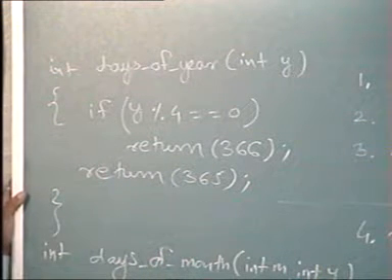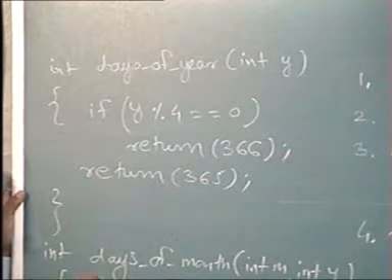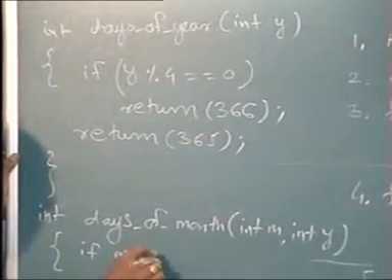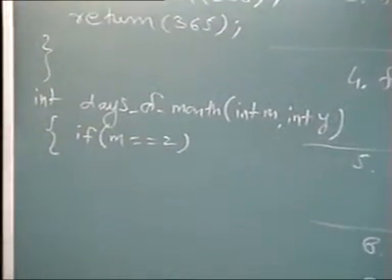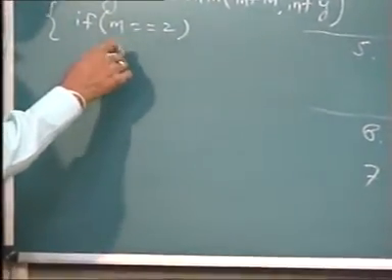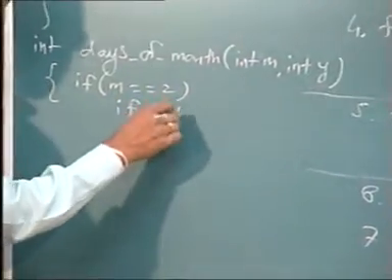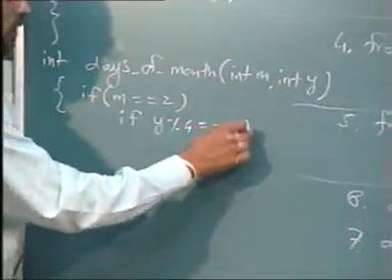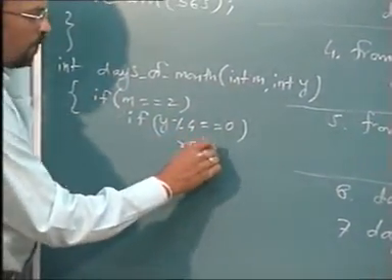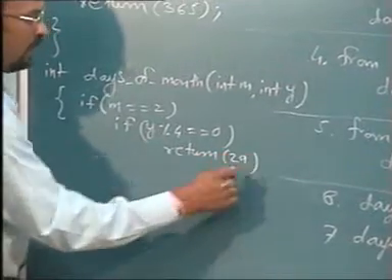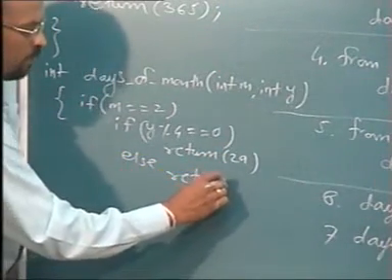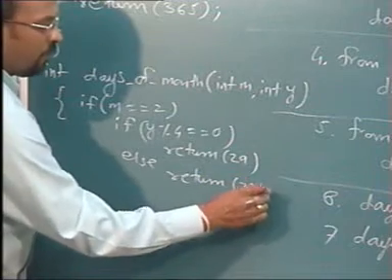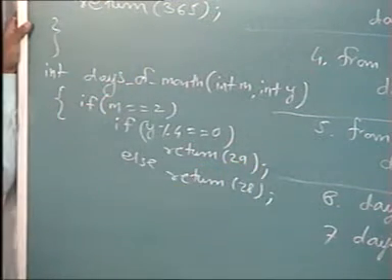First of all, it will depend on if m is equal to 2. February, let's decide first. Dependent on if y%4 is equal to 0, return 29, else return 28. February has been sorted out.